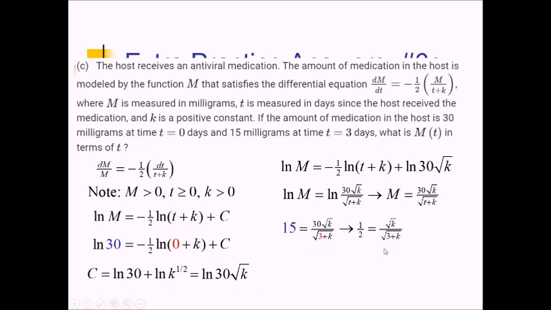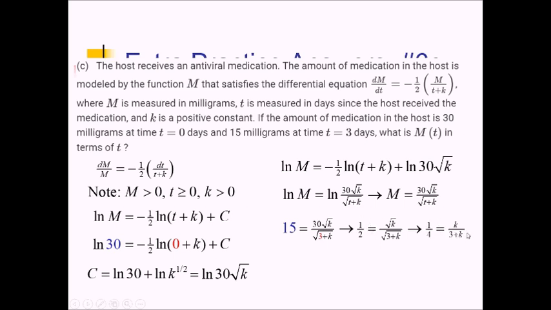And the nice thing about doing that also is that I've got essentially one big radical on the right side. We could think of this as just the square root of k over 3 plus k if we wanted to move those radicals in together. So I can just square both sides now to get rid of those radicals. And I end up with 1/4 equals k over 3 plus k.